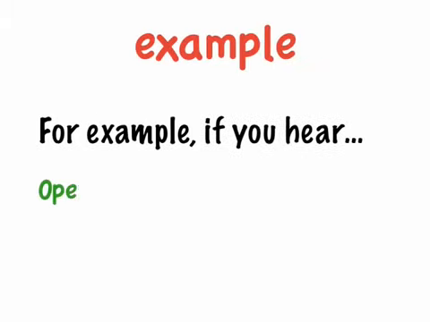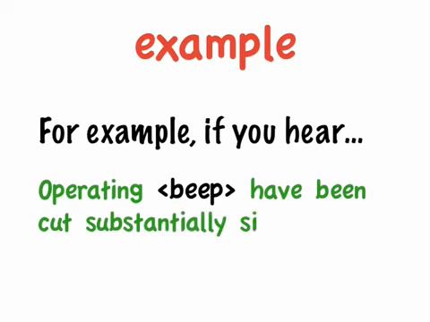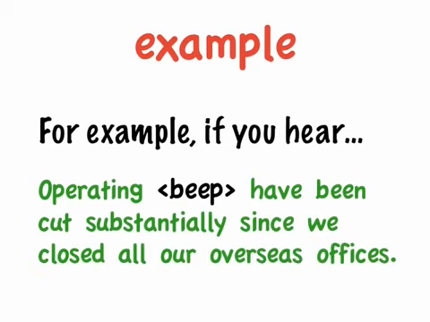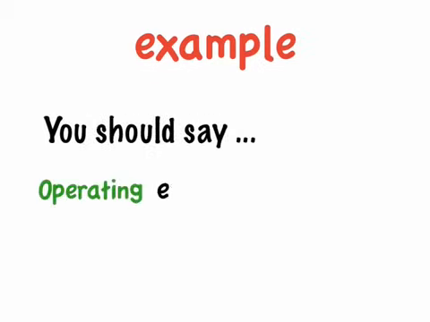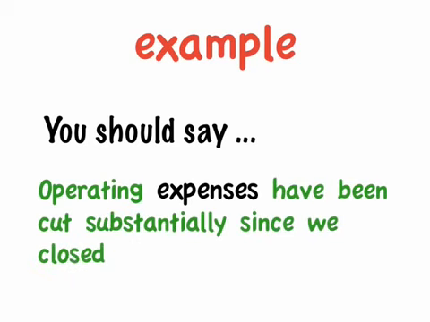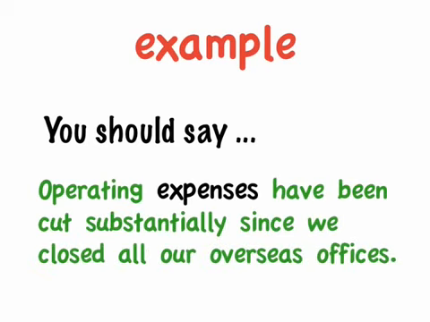For example, if you hear, Operating beep have been cut substantially since we closed all our overseas offices, you should say, Operating expenses have been cut substantially since we closed all our overseas offices. We'll play an example answer after each exercise. Are you ready? Let's begin.